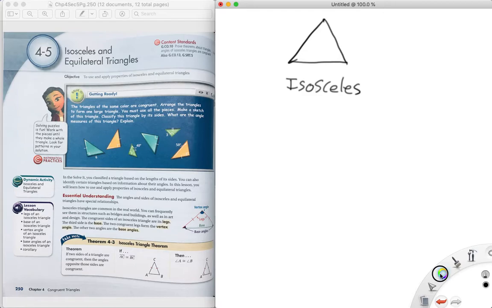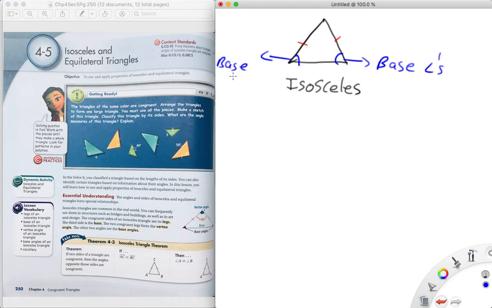An isosceles triangle means that I have at least 2 congruent sides. At least. And I have certain things associated with it. The angles opposite of the congruent sides are called the base angles.